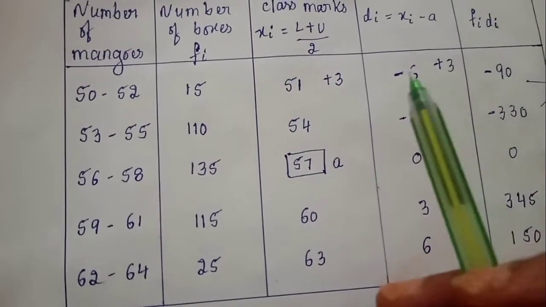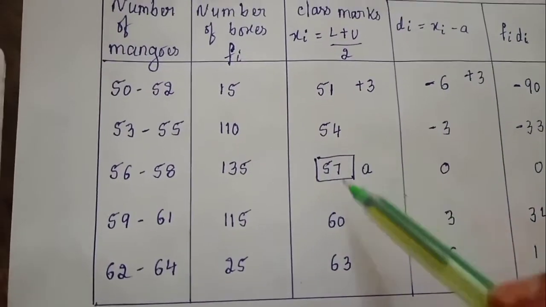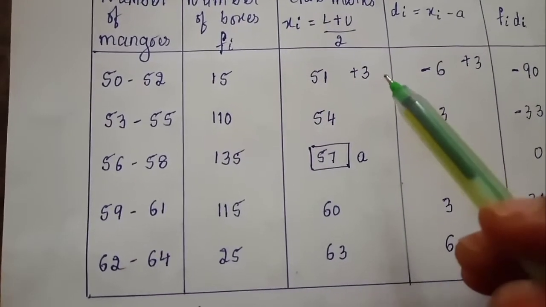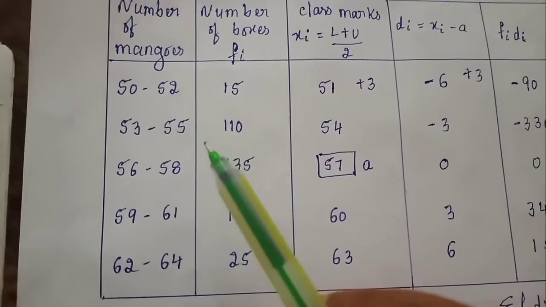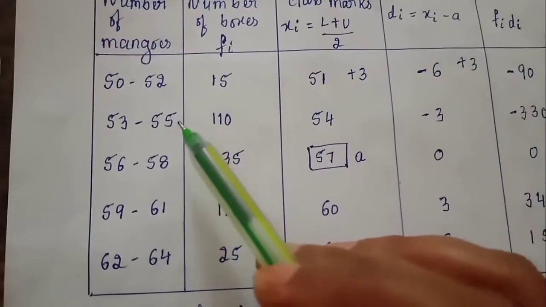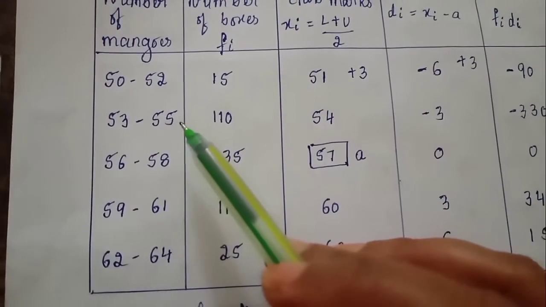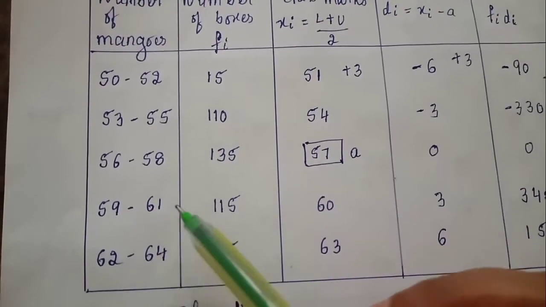Now as I said in the previous video, to find the remaining class marks of the class intervals, it is better to add the class size. But be careful, children, you have to check first whether the class size is the same or not. 55 minus 52, 3. 58 minus 55, 3. 61 minus 58, 3. 64 minus 61, 3.